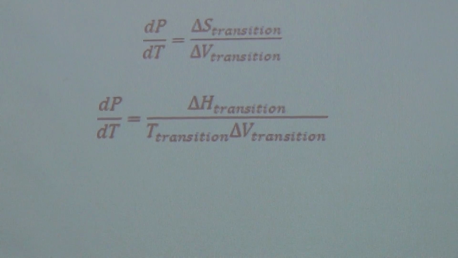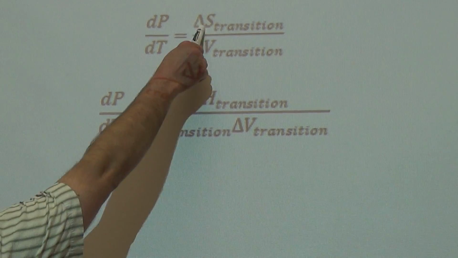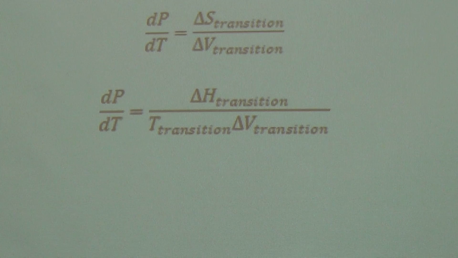Generally, these terms, delta S, delta V, and delta H, are they functions of temperature and pressure? Yeah. In general, all of those quantities, the enthalpy and the molar volume, are things that change as pressure and temperature change.